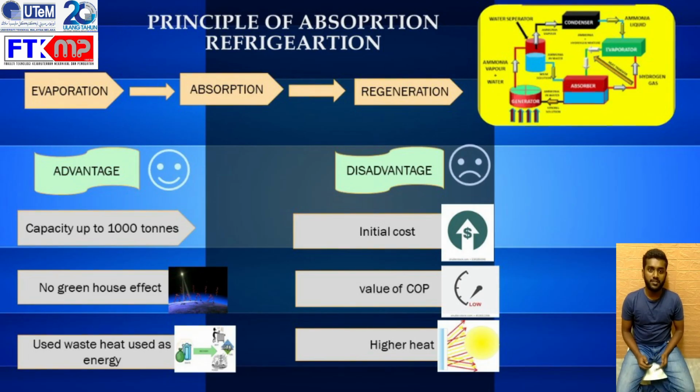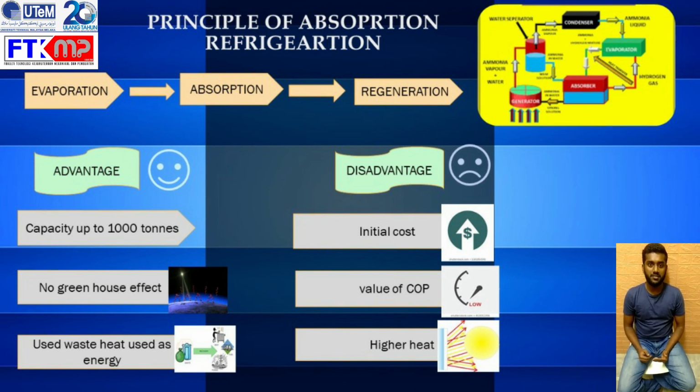Then the principles of absorption refrigeration. There are three principles. First, evaporation. Evaporation means the refrigerant evaporates at low pressure to extract heat from the surroundings. The next one, absorption.